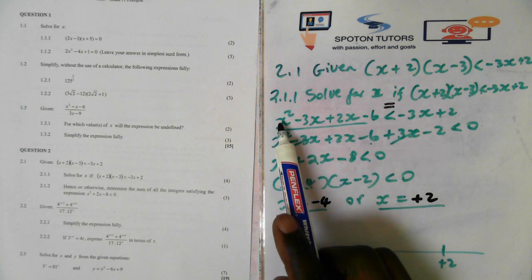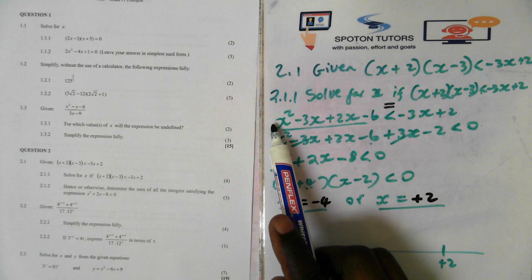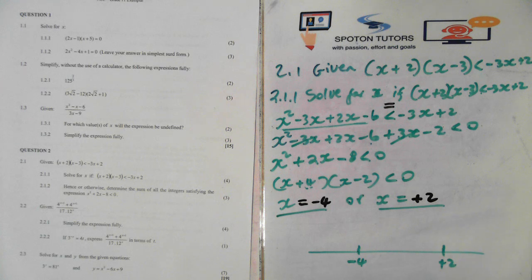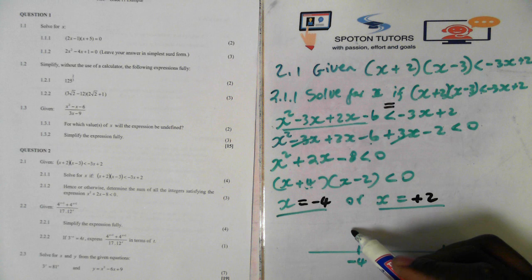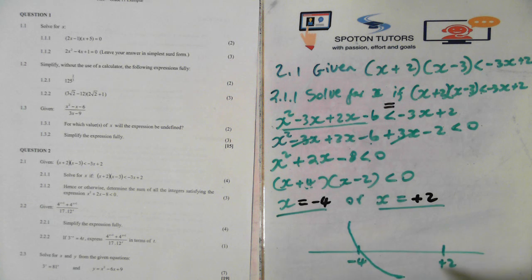What type of parabola will this be? This will be a parabola facing up. Why? Because the value here is positive, which means that it must have a turning point somewhere here. So it must come up something like this, turn here, join here.